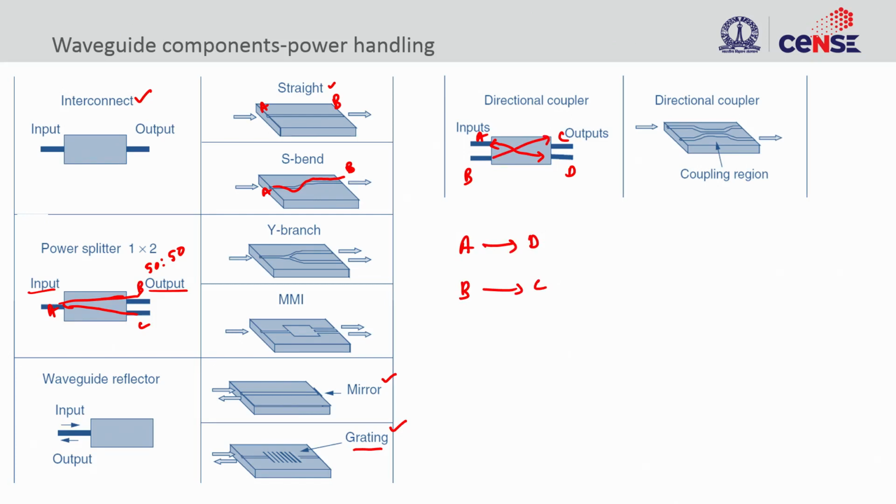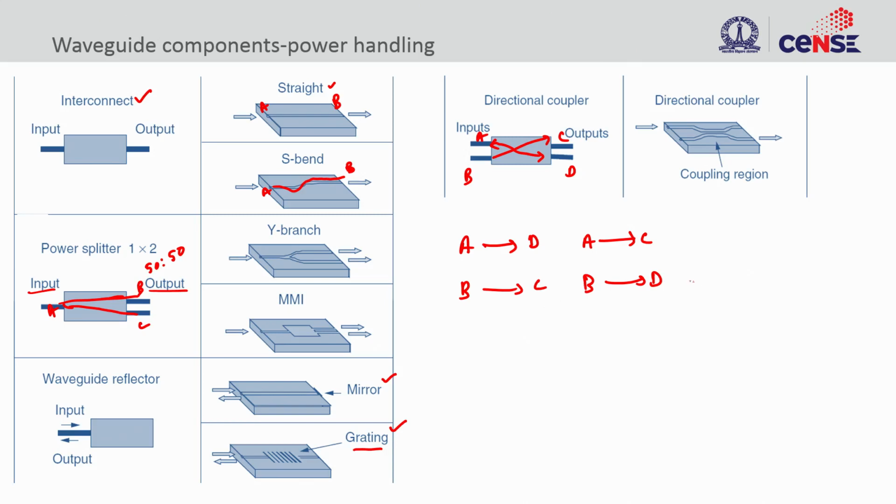And let us say you do not want to send all the light to D, right. You can also couple from A to D, A to C, right, some fraction of light as well, and you can also take light from B to D, right. It is also possible to have some fraction, right.